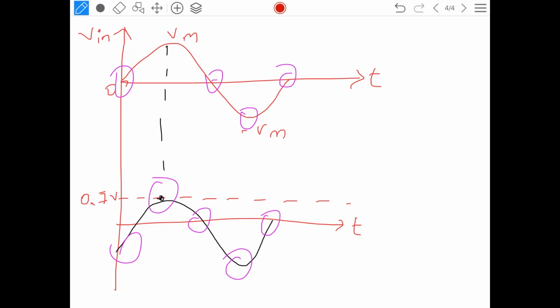How will we do that calculation? Let us see. First, I am substituting 0, if my input is at 0, correct, my output will be Vout is equal to minus Vm minus Vk.